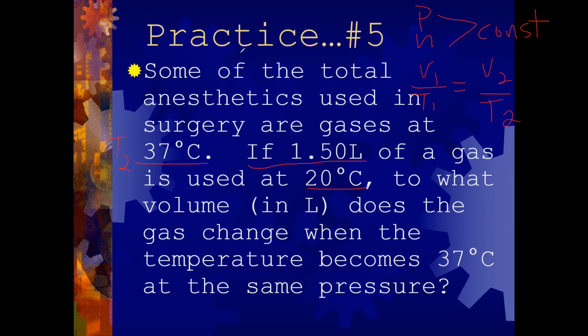That's our formula. I always find it easier to solve for something that's linear. So when I rewrite this, I write it like this: V1 times T2 is equal to V2 times T1. And that way you can solve for any of them much easier. And we want V2, obviously, right?